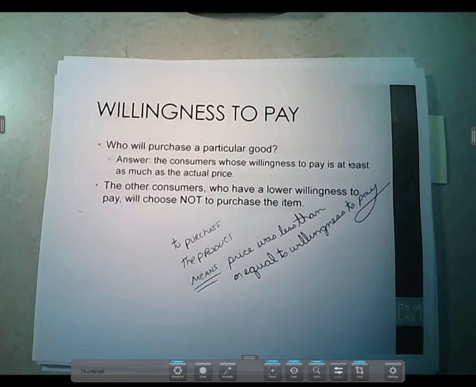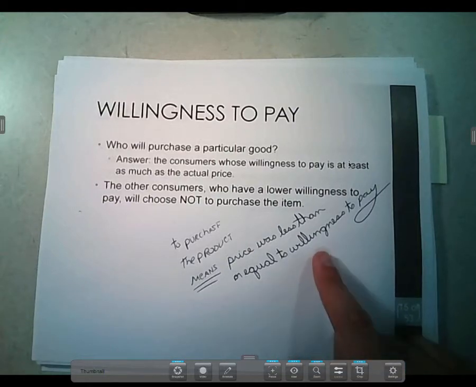I would not buy it if the price was more than my willingness to pay for the item.